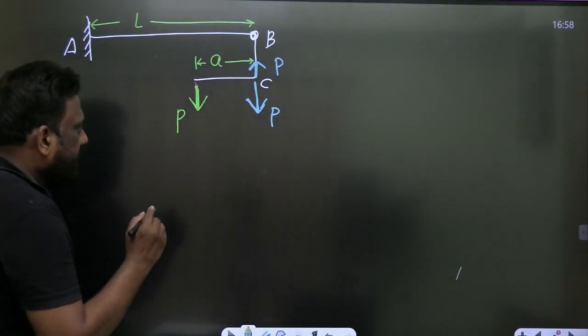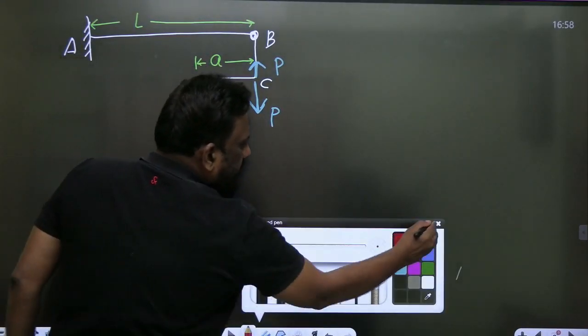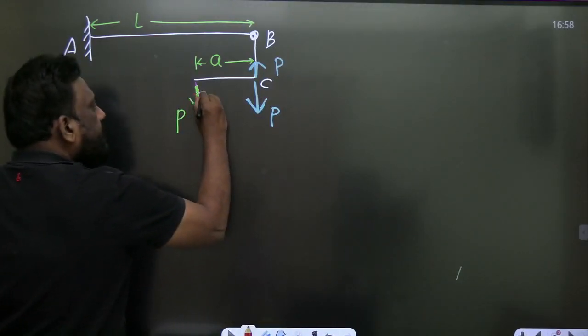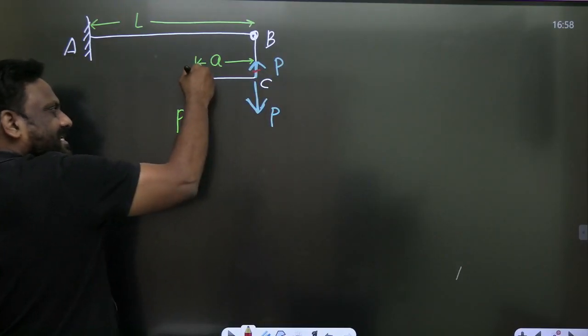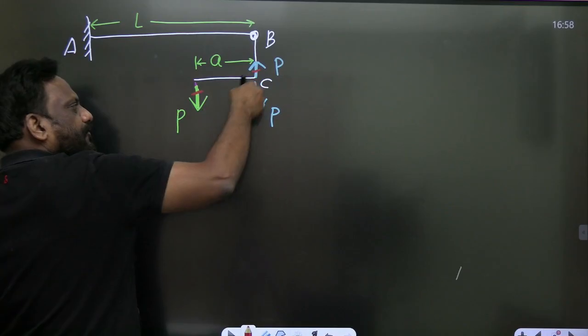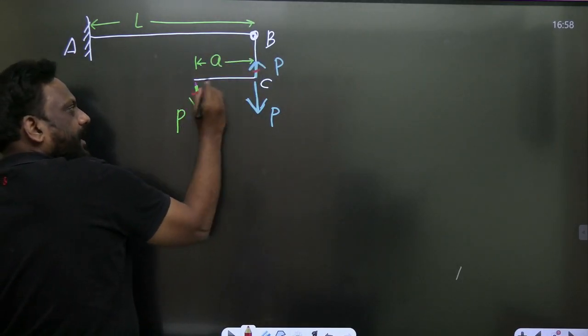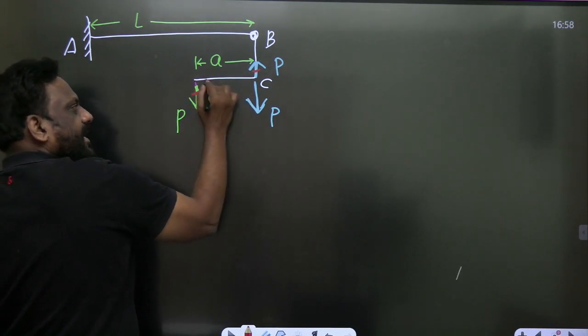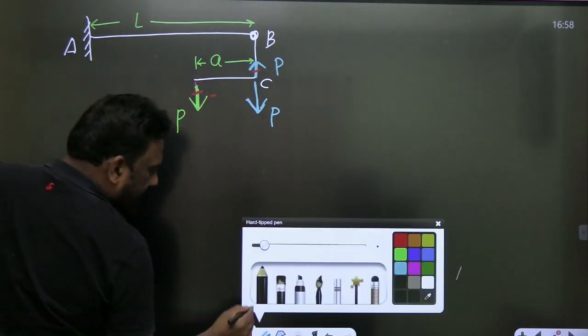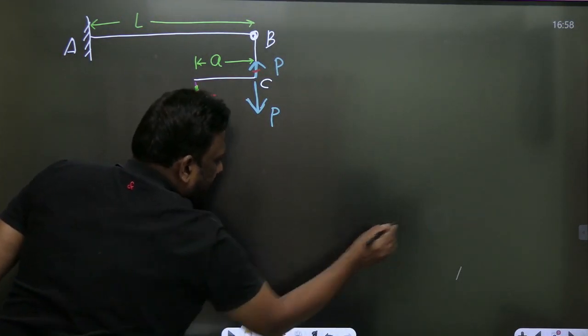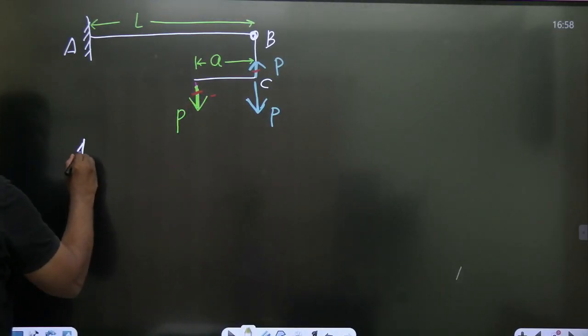Now if you see this combination, this P and this P, this is down, this is up, so it is creating an anticlockwise moment of magnitude P into A. This is P and this is A, P into A. So if I replace this and show it by this diagram, it will be something like this, my dear students.